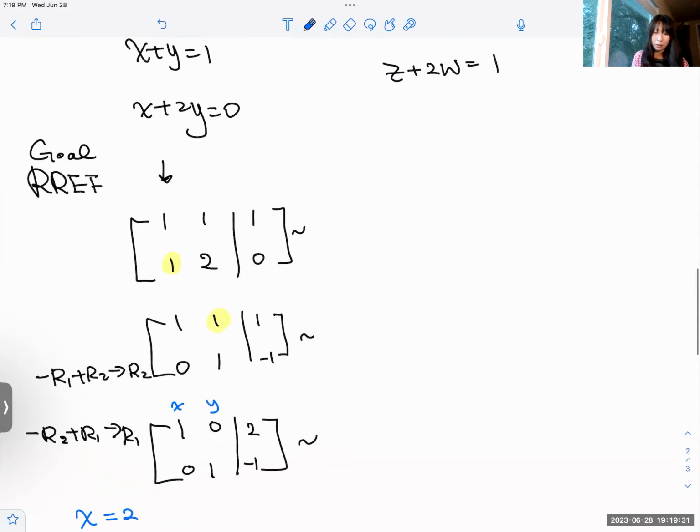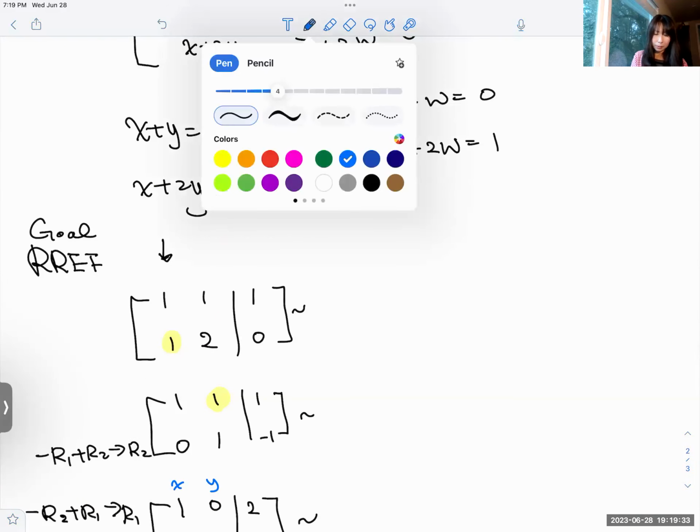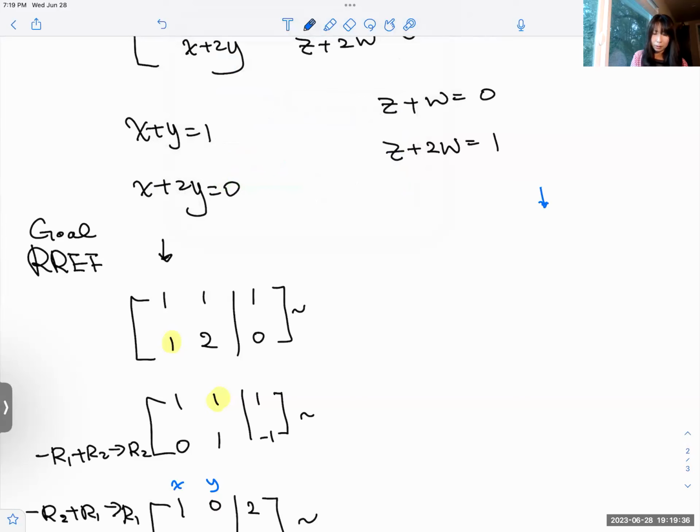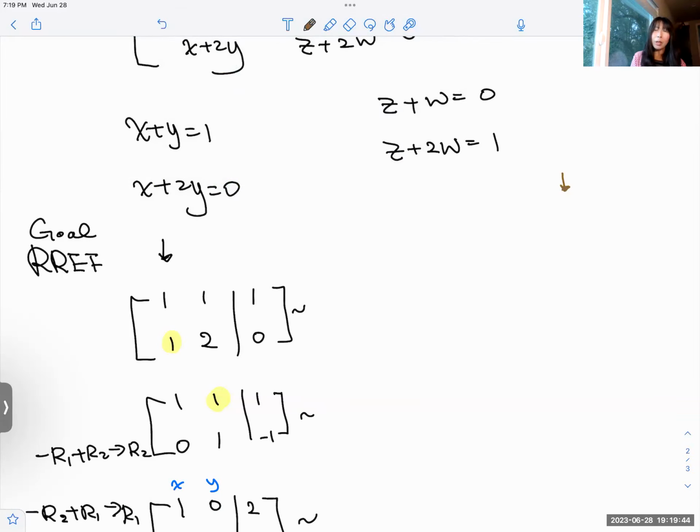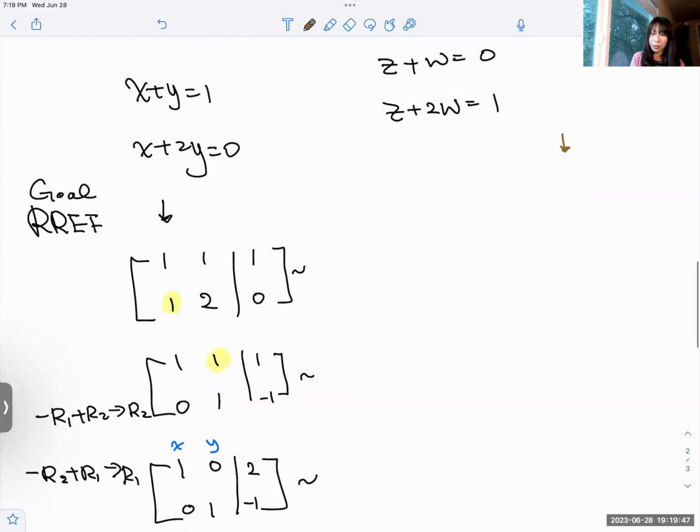Okay, now, how about this? We are writing down the augmented matrix for this one as well: [1, 1 | 0; 1, 2 | 1]. Goal: RREF. Now we want to make a 0, same strategy, same procedure as earlier.